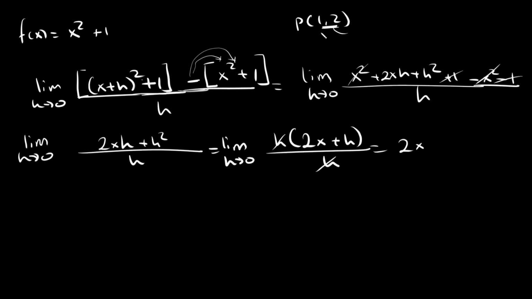Now, let's see what is my slope. My slope is 2, right? From my point P, my x value is 1. I put it here. I got 2. And what did we find out in the previous question we did? My slope was approaching 2. This is not something very surprising, right? We were supposed to get 2.